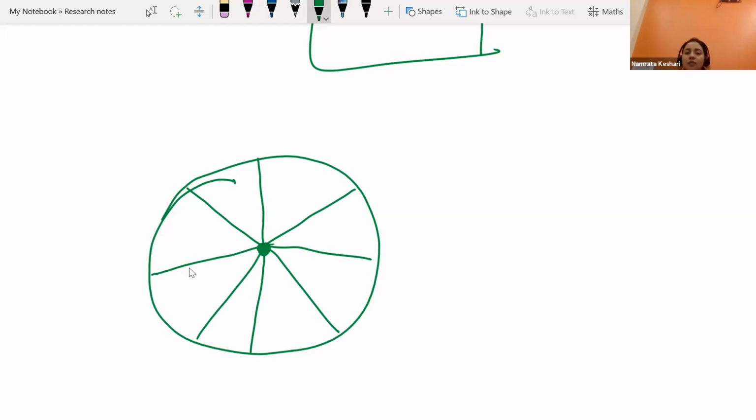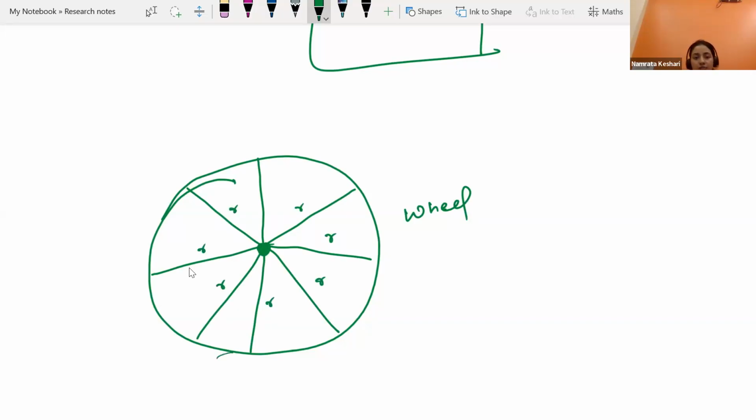Can we say that all the spokes of this wheel are radii? I am trying to draw a wheel, and these are just the spokes you must have seen in a bicycle wheel. So these are nothing but just the radii.